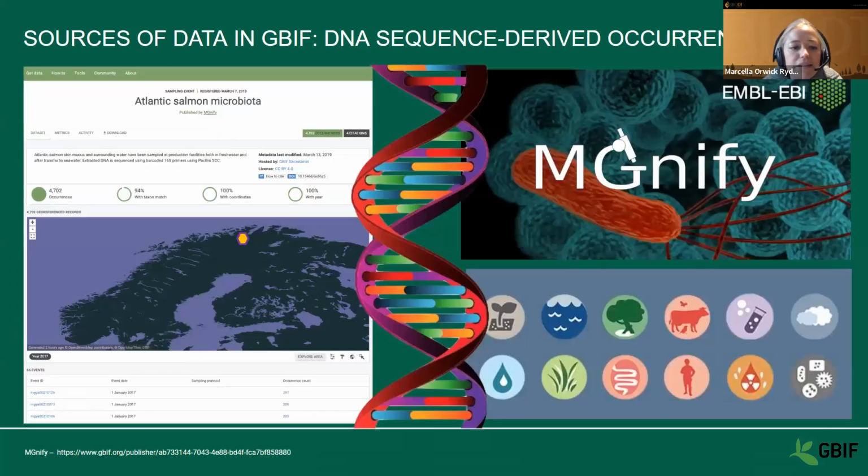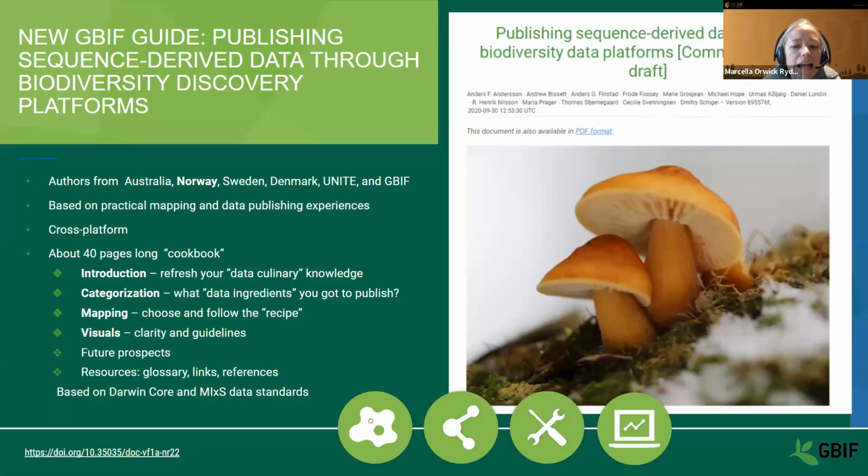And finally, as I was briefly mentioning, genomic data and eDNA. This is growing very, very rapidly within GBIF and, I think, within the other research consortiums as well. What I should mention here, as it's fairly recent, is that there is now a crowdsourced book available on how to publish this sort of data.